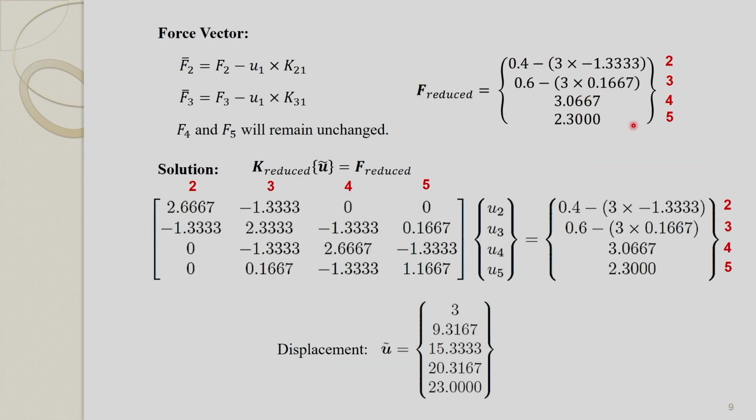So, this is our changed load vector due to prescribed U1. So, we have the reduced equation after imposing the boundary condition. If you solve this equation, you get U2 to U5. These are the nodal values of the dependent variable U. So, in the nodal displacement vector, the first one is prescribed and we get the remaining after solving this equation.